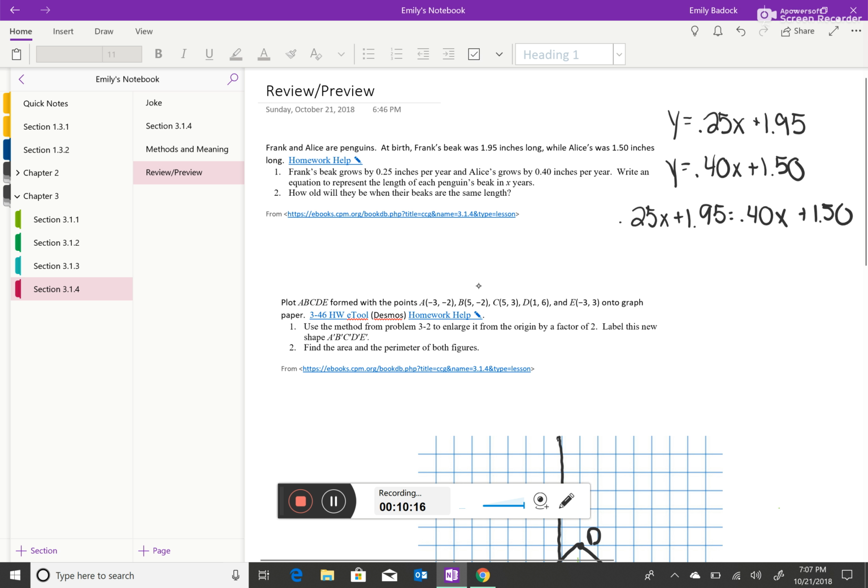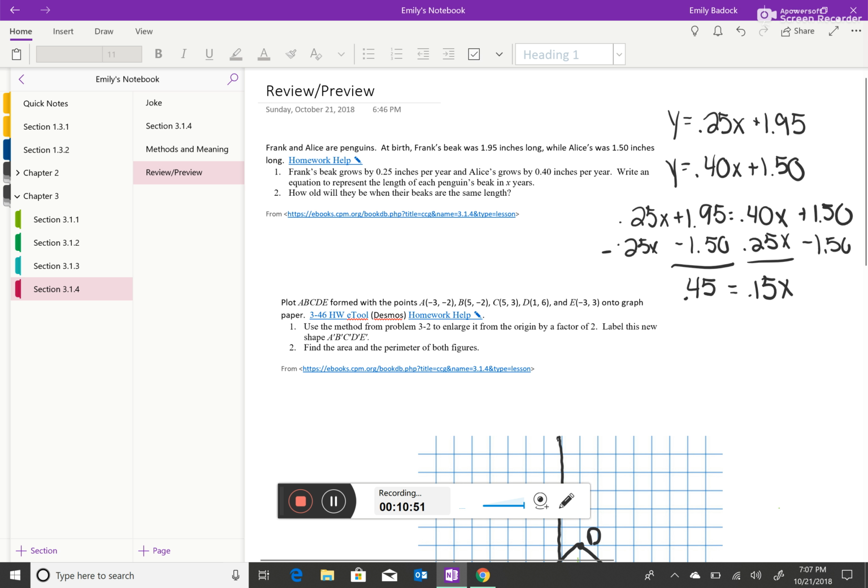So I'm going to subtract 1.50. So I'll have 0.45 here. And then I'm going to subtract 0.25x from both sides, and I'm going to get 0.15x.